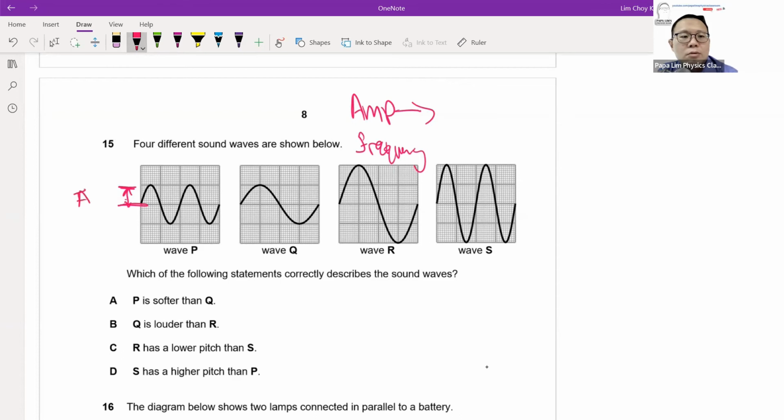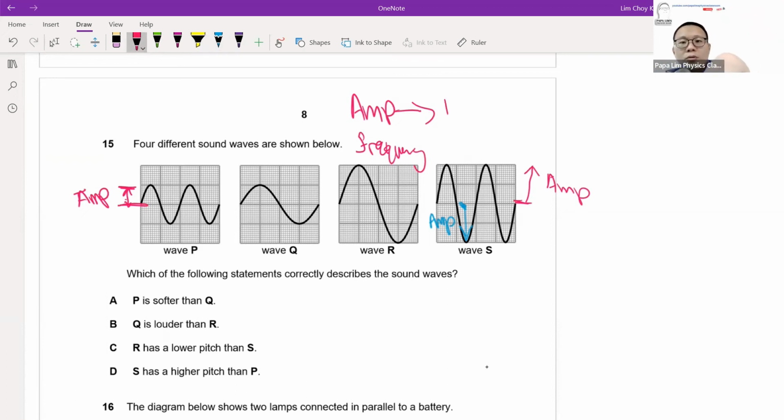This is your amplitude. Same thing, it is always measured from the center to the highest point, the crest, which is the amplitude. Or it could be measured from the middle line all the way down to the trough.